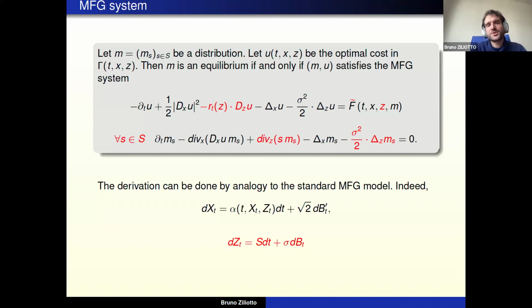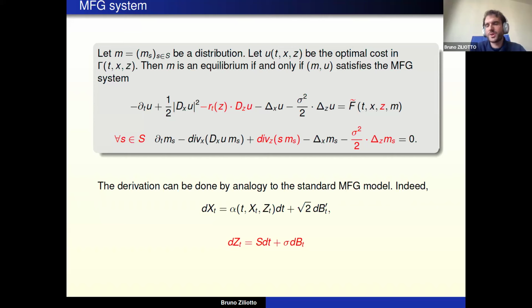And we didn't find a nice way to transform it into a natural Fokker-Planck equation that would only depend on X and Z. So it's not a classical MFG system.